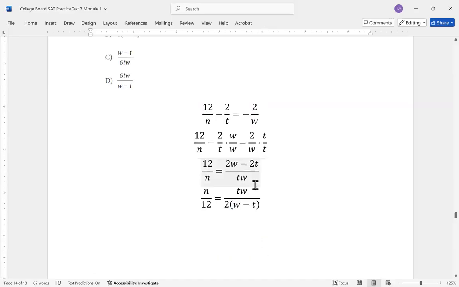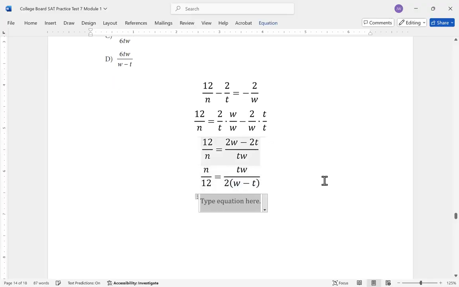Now multiplying by 12 on both sides would give me n is equal to a big fraction, 12 TW divided by 2 times W minus T. Well, 12 over 2 is the same thing as 6 over 1, so that 2 can cancel out and be replaced with a 6. And now I have an equation where I've solved for n. N is equal to 6 times TW divided by W minus T.